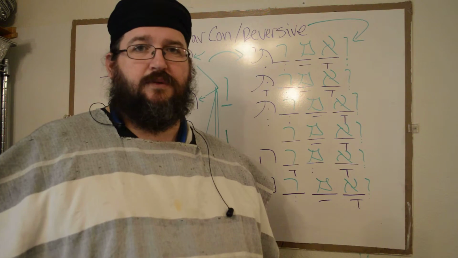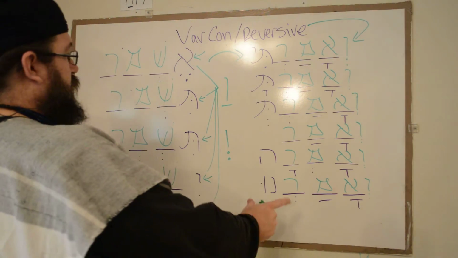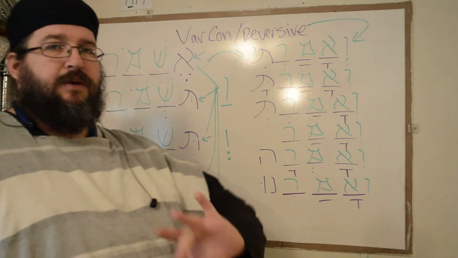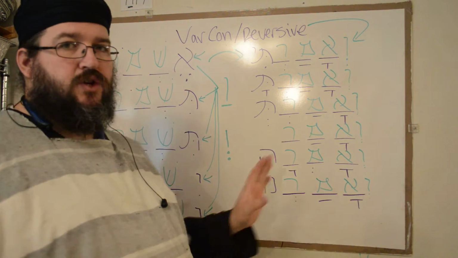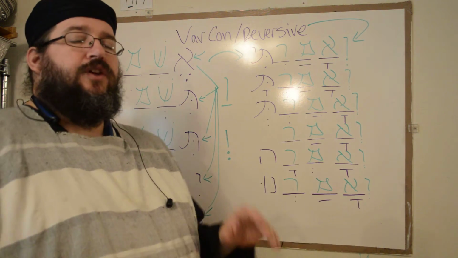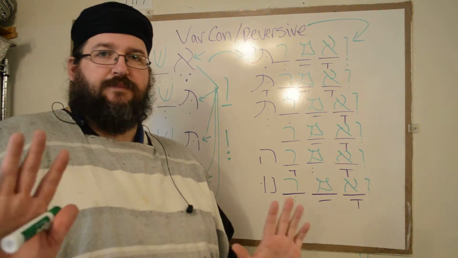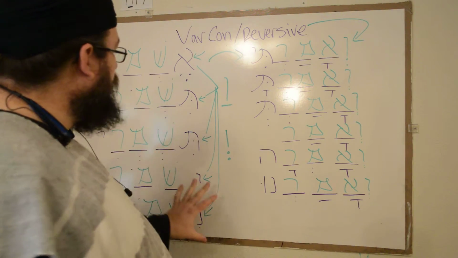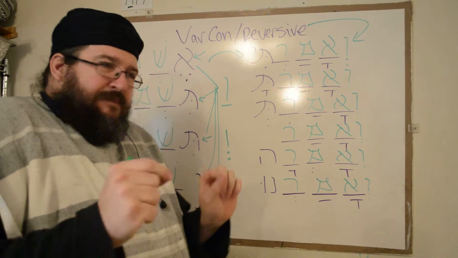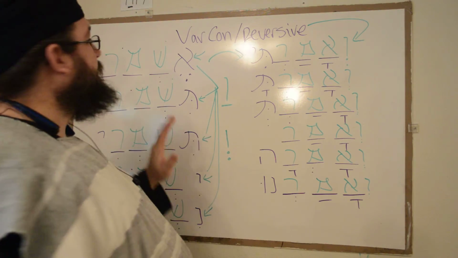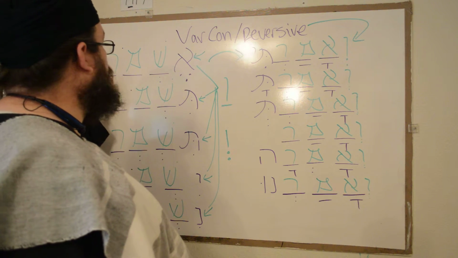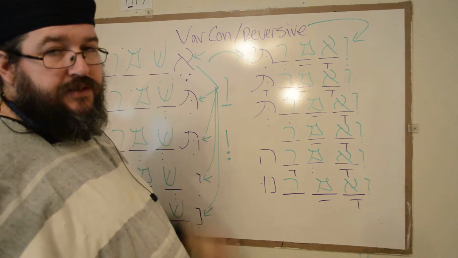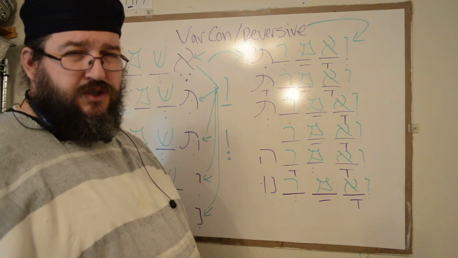And it's that simple. Because I'm only giving you one example here, but I want you to be able to go and use all the verb charts and do the same thing, and you're going to see. Now, the only thing I want to give you a heads up on, you might find the vocalization changes just a little bit. Don't be scared. Look for the root letters, the shin, mem, resh, and look for this, which is your pronoun.